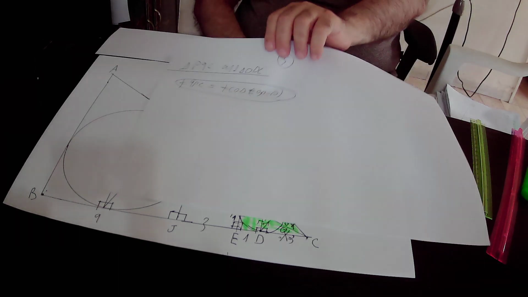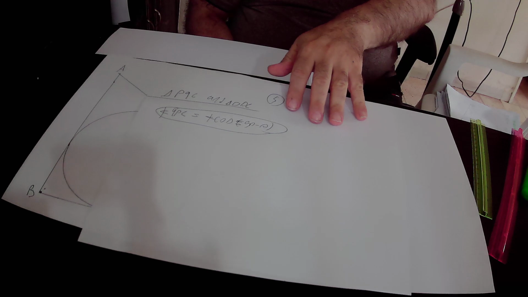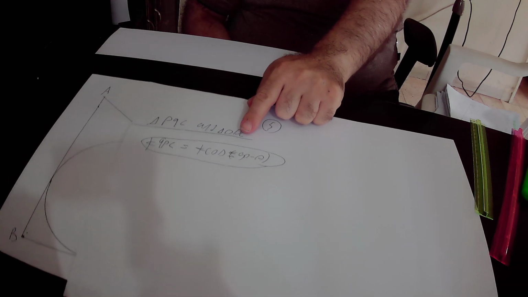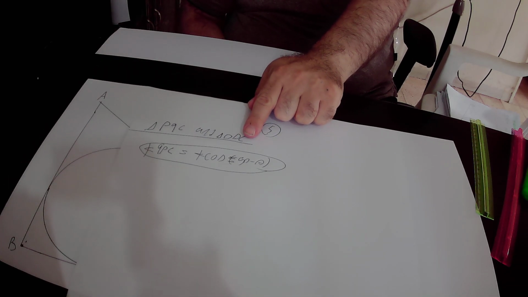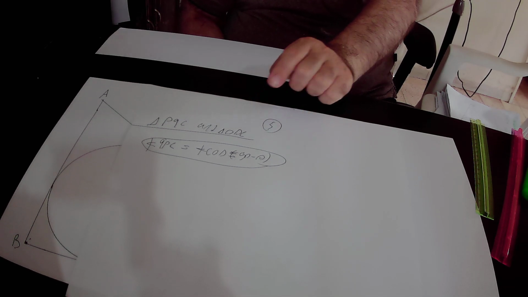Repeat again. Angle QPC equals angle COD. They are both equal to 90 degrees minus theta, therefore they are equal to each other.